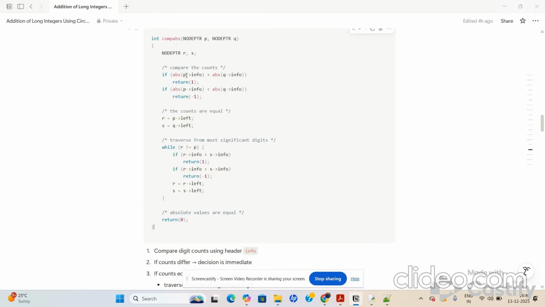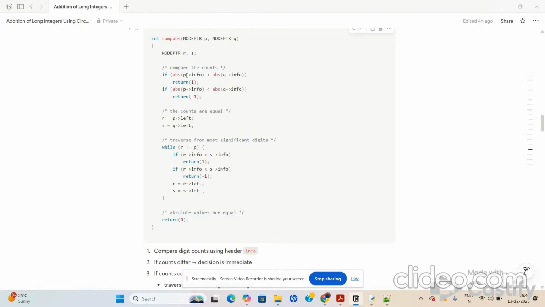So it checks the header's info field. If P's header field has a greater value than Q's header, it is going to return 1, meaning that the number of nodes in P is more than the number of nodes in Q. That means P is a larger value, so it returns 1. Else, if the number of nodes in P is fewer than the number of nodes in Q, it is going to return -1.